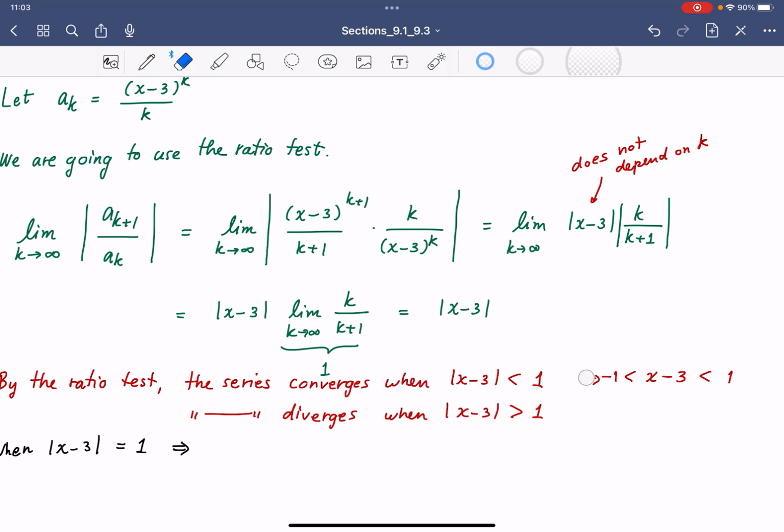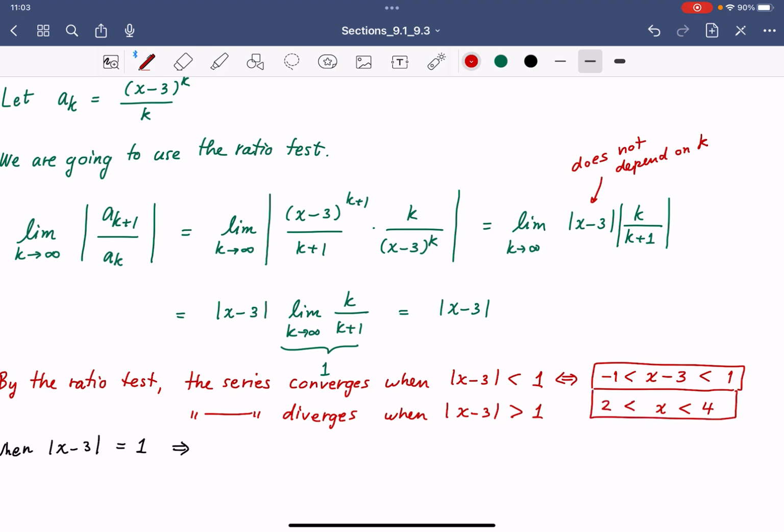You're taking the absolute value out, so it's going to be this one. And if you add the number 3 on both sides, you're going to get x between 2 and 4. So basically, if x is in between 2 and 4, that is the interval of convergence.